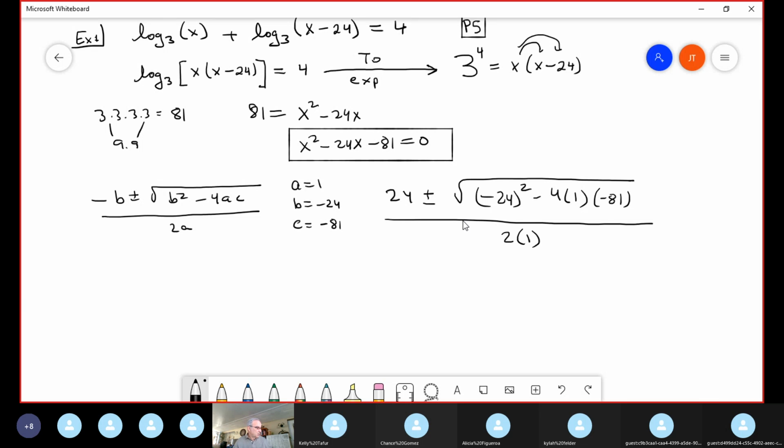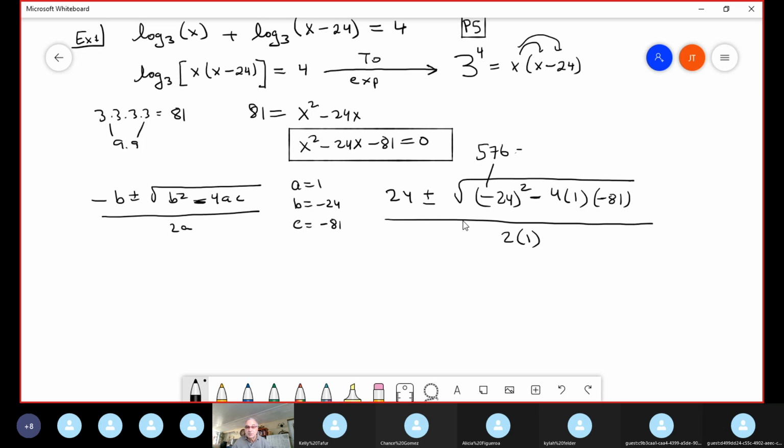Just 2. I put in my calculator 24 squared. Or negative 24, it doesn't matter if it's positive or negative because when squared it becomes positive. 24 squared is 576. Be careful with the sign. We have minus here from the formula, and we have minus here from the 81, negative 81.